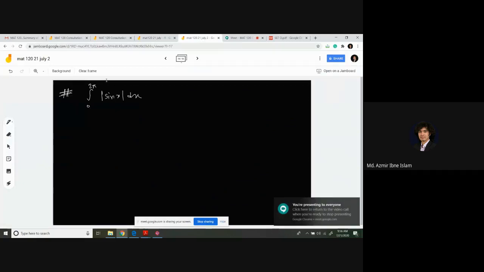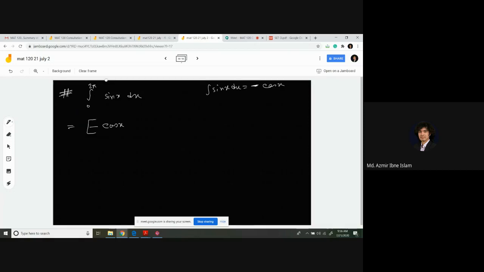Okay, so first of all, let me solve this one. Then you will understand what you have to do for modulus. You already know that the integration of sine x dx is equal to negative cosine x. So here we get negative cosine x, with upper limit 2 pi and lower limit 0. Since negative 1 is constant, we can pull out the negative for simplicity.